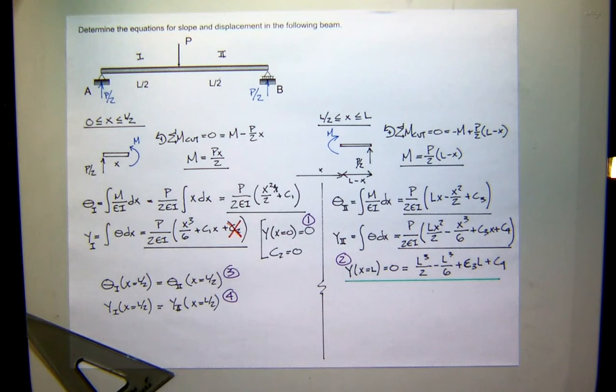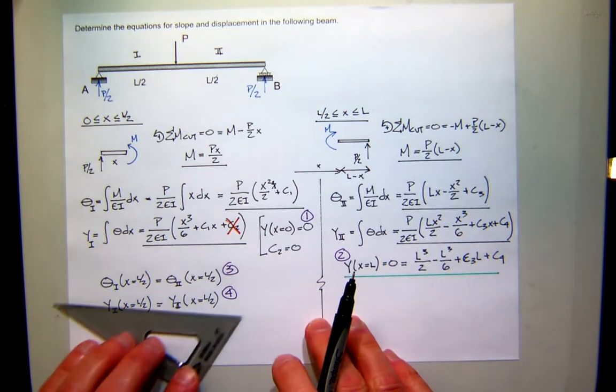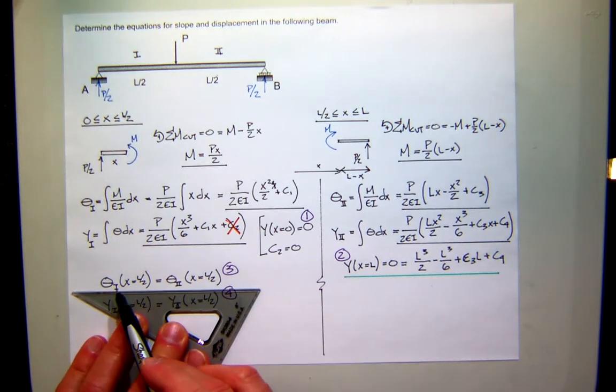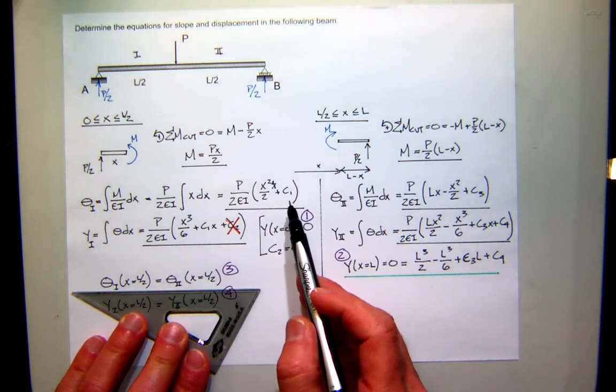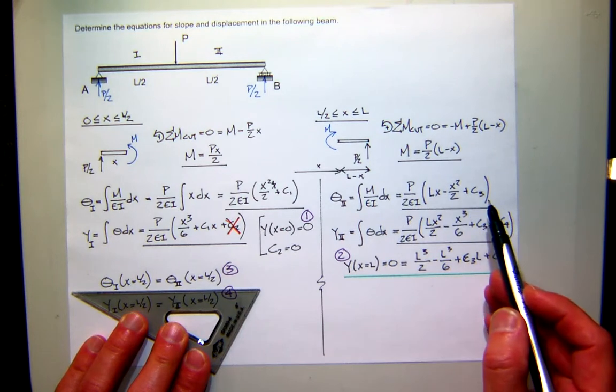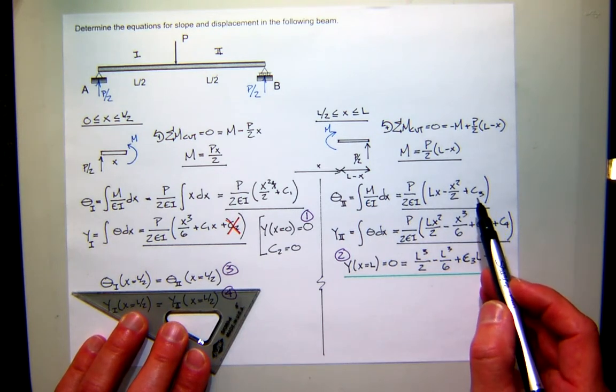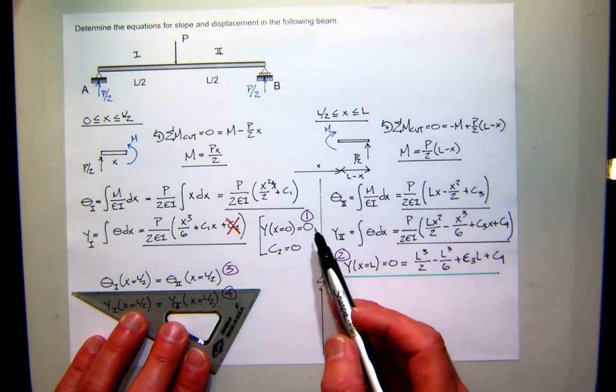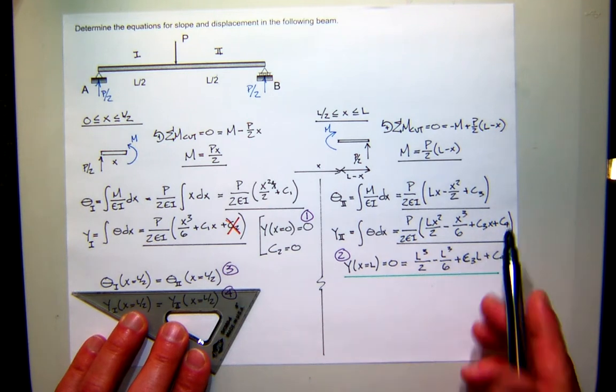Now, if you look at what you'd have to do to solve it this way, let's look at that quickly. If you look at the first equation here, theta 1 and theta 2. Well, theta 1 has C1 in it. Theta 2 has C3 in it. So that'll just get you a relationship between C1 and C3.